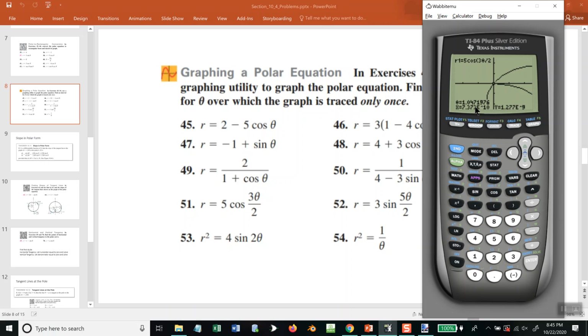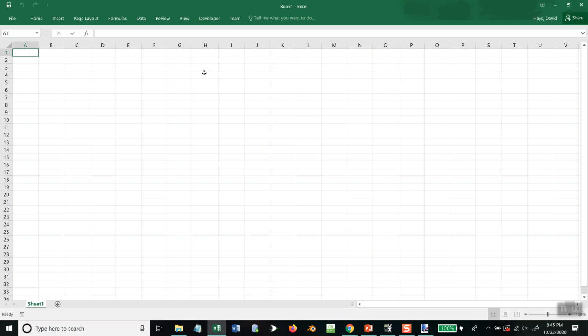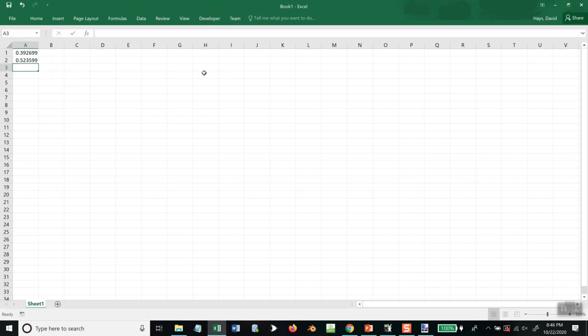Of course, the question is what in the world's 1.047, if anything? Equals pi divided by 8. Pi divided by 6. Not even close.